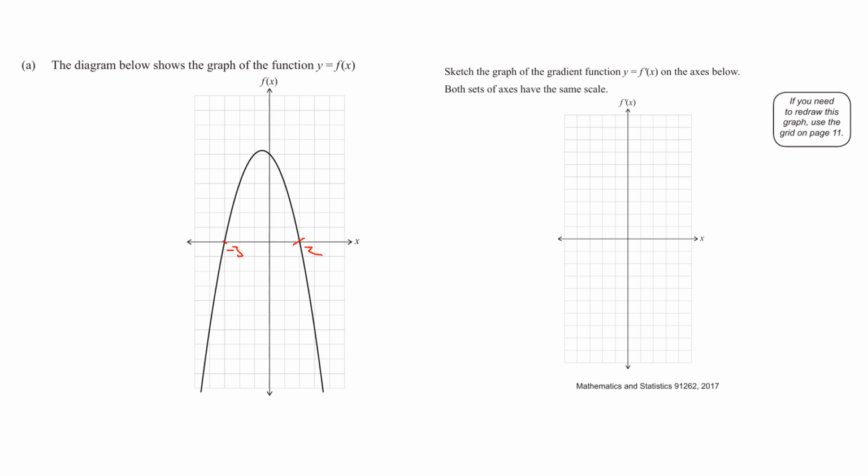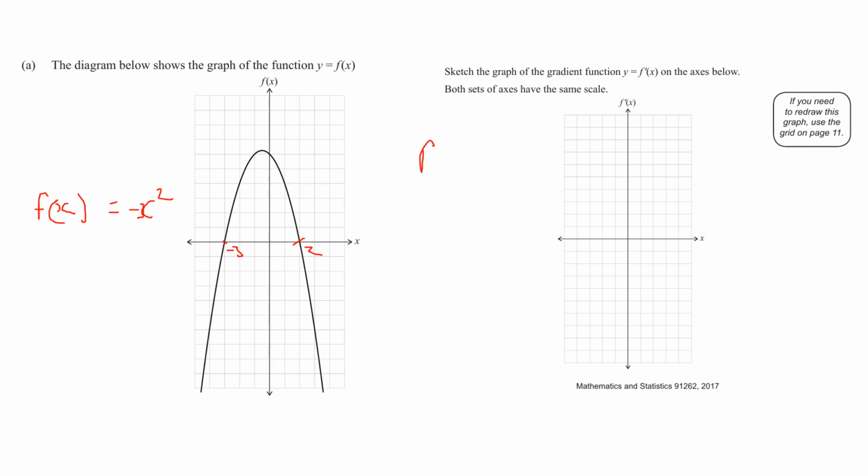Since we have a concave graph like this, and we know that's the graph for x squared, we know that our function f of x is equal to minus x squared. What we've been asked to do is to find the first derivative, f prime of x. So how do we find f prime of x? We simply differentiate this.